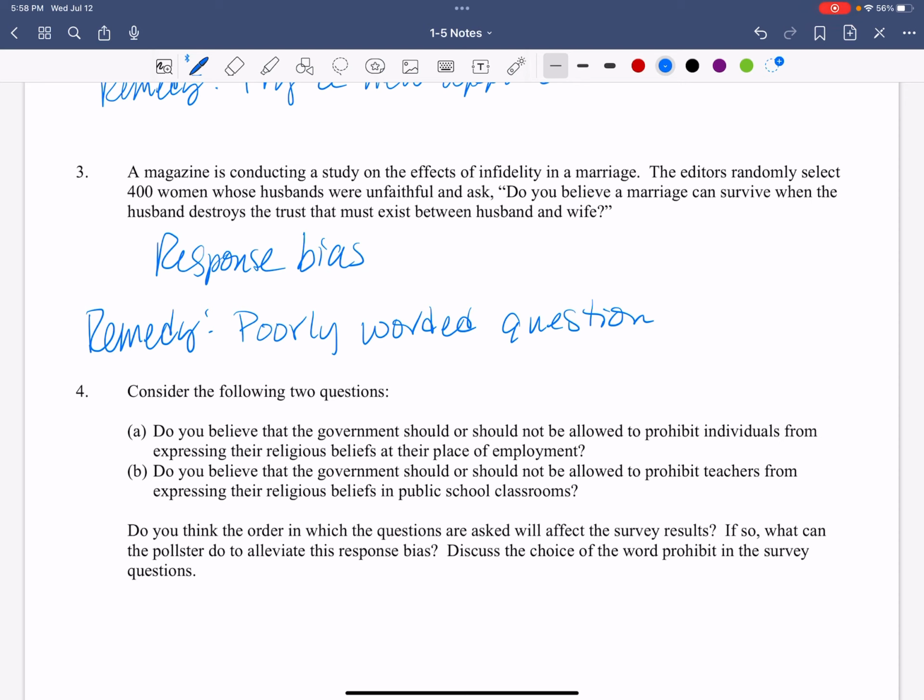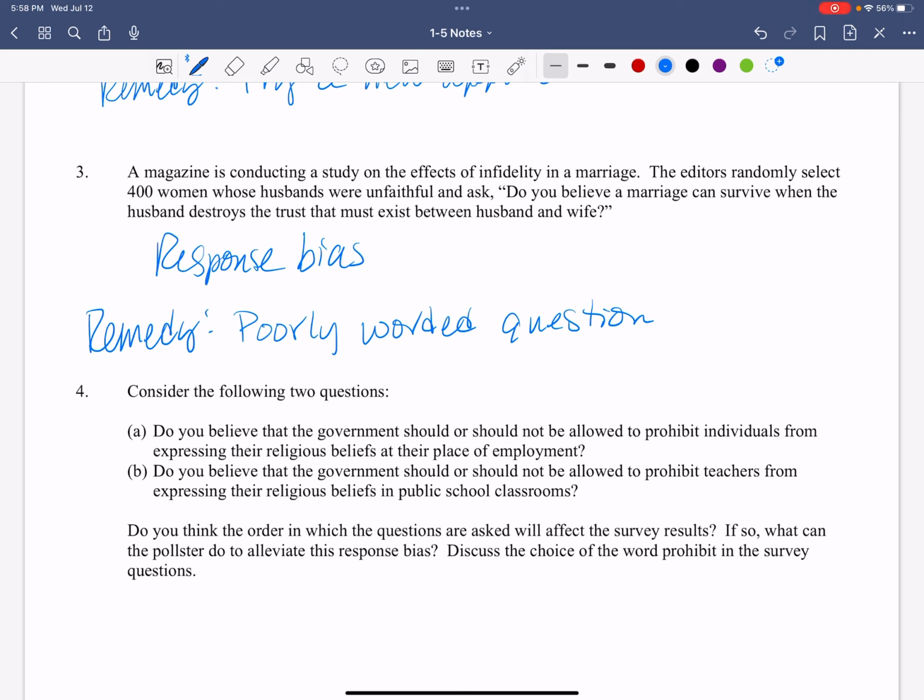Here's our last one. Consider the following 2 questions. Do you believe that the government should or should not be allowed to prohibit individuals from expressing their religious beliefs at their place of employment? Then the second part is, do you believe that the government should or should not be allowed to prohibit teachers from expressing their religious beliefs in public school classrooms?